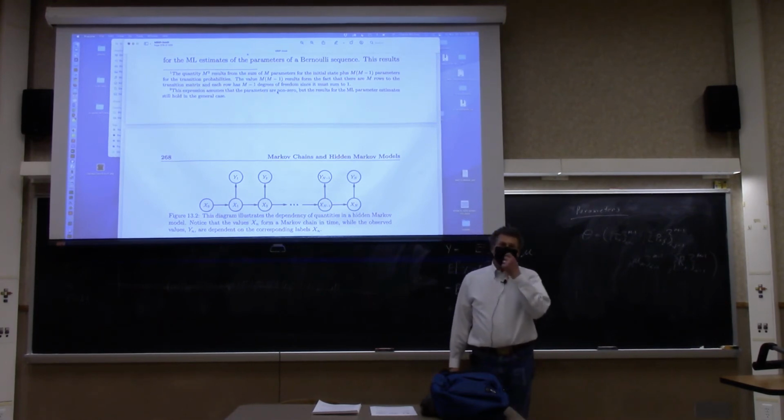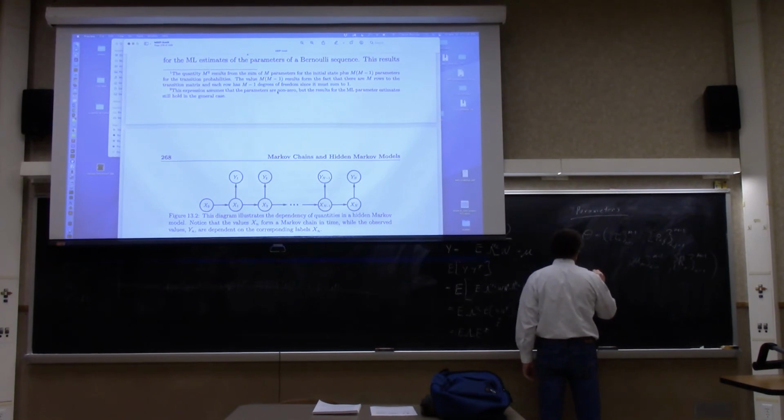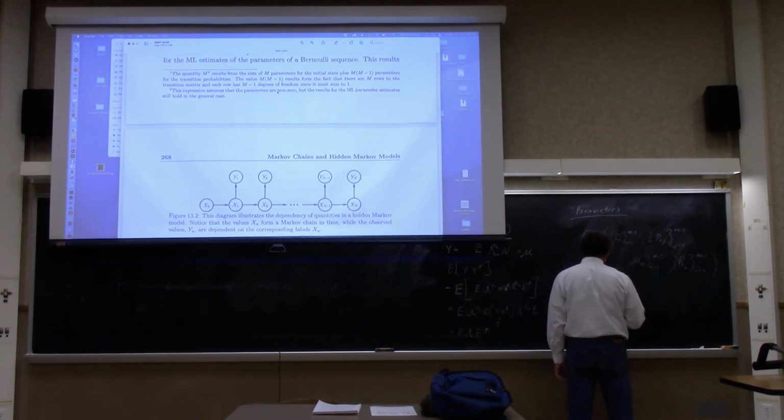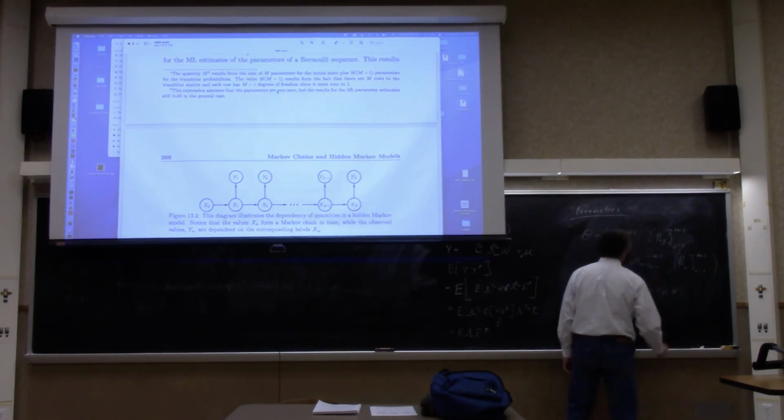So if you want the MAP estimate, x hat equals the arg max over x of p of x given y and theta.